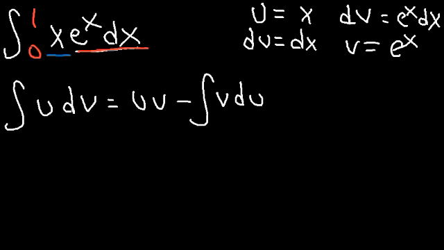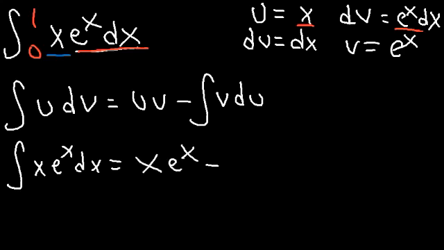So now we just got to use the formula. So u dv, which is x e to the x dx, is equal to uv, which is x times e to the x, minus the antiderivative of v du, which is e to the x dx.